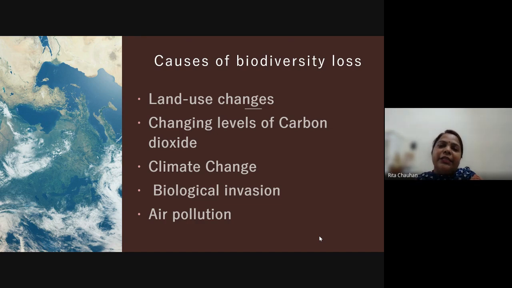The second reason is carbon dioxide change. There are so many sources of carbon dioxide pollution, so the level of carbon dioxide is increasing, and because of that global warming is increasing, and this results in climate change.